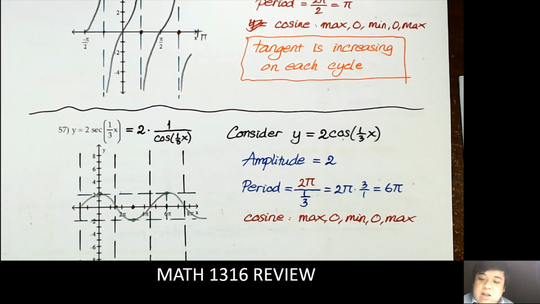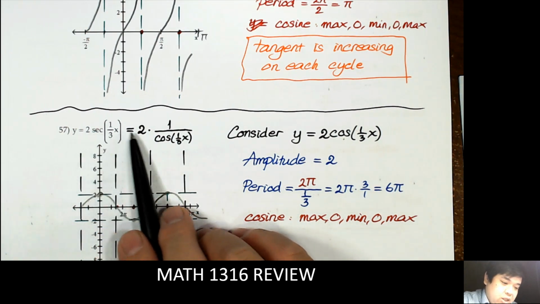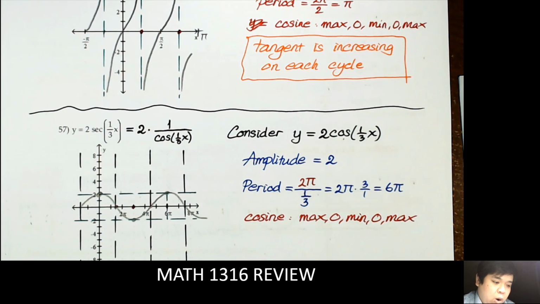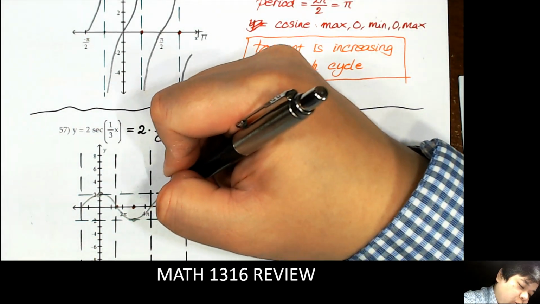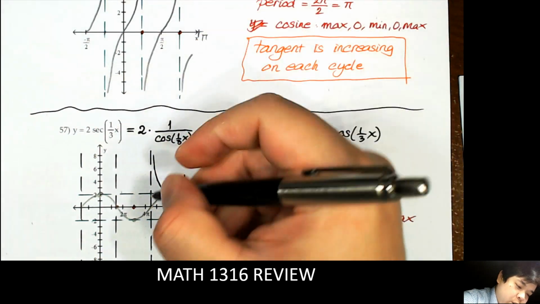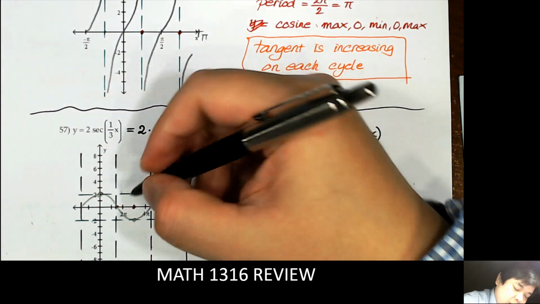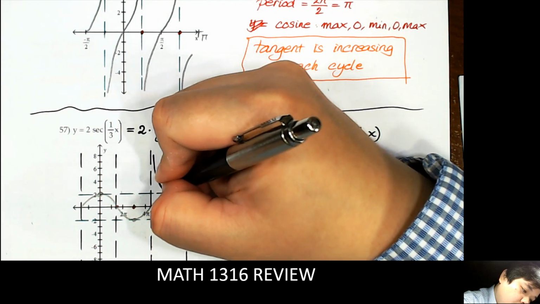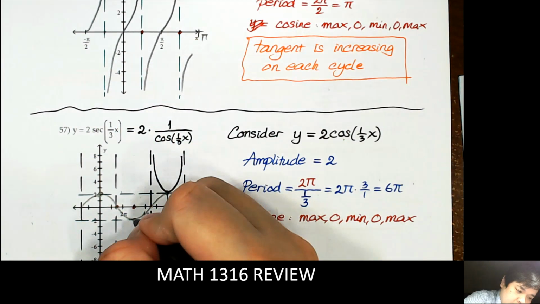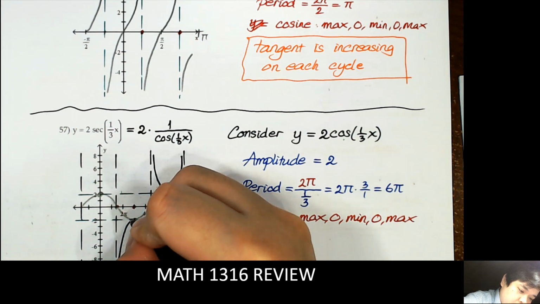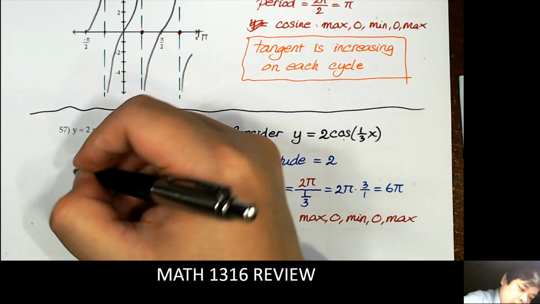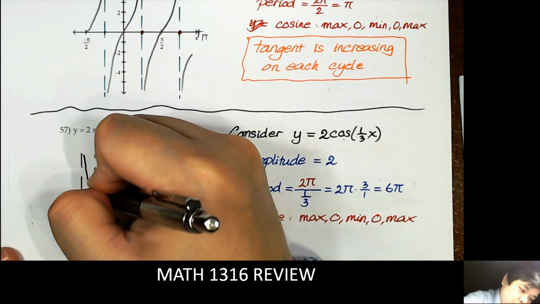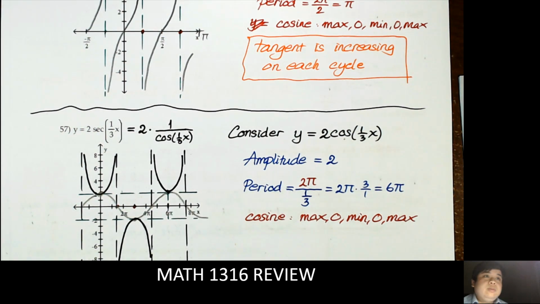And once we have that, the graph of 2 secant of 1 over 3x will bounce off the maximum and the minimum. So pretty much from the maximum approaching the asymptotes. This point. And this point. So that is the graph of secant.